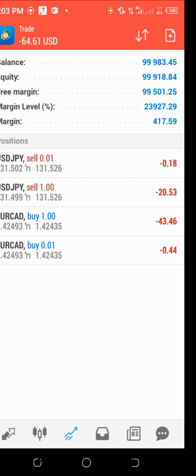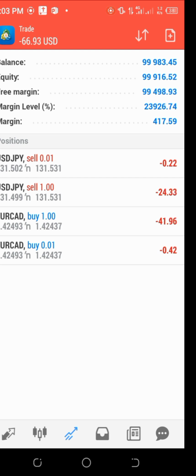I already documented them. What you observe here is that, for instance, USDJPY 0.01 sell and USDJPY 1 lot size, you see that the moves are not the same. The one with 1 is moving faster than the one with 0.01.